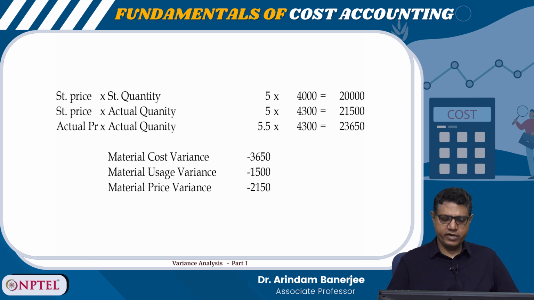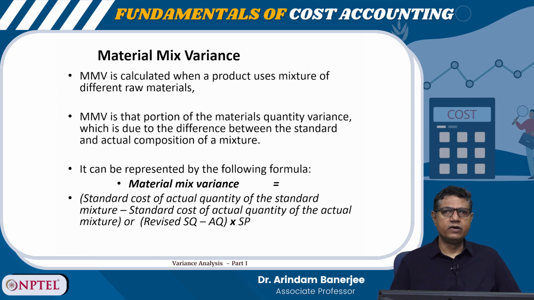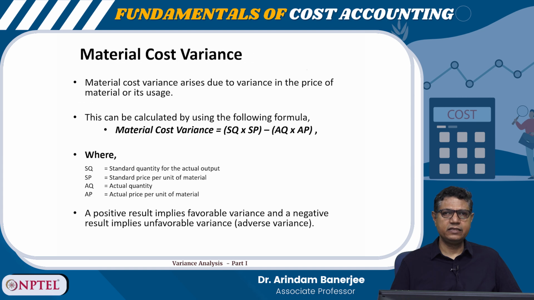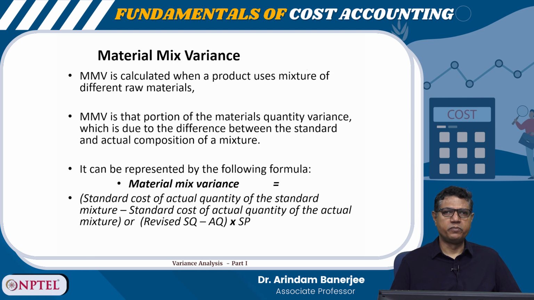So, the formula for material cost variance we can see. What is the formula for material cost variance? It is standard quantity into standard price minus actual quantity into actual price.